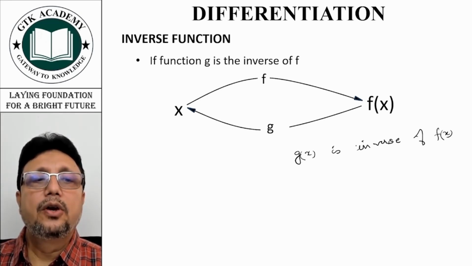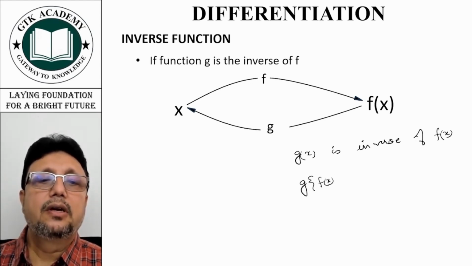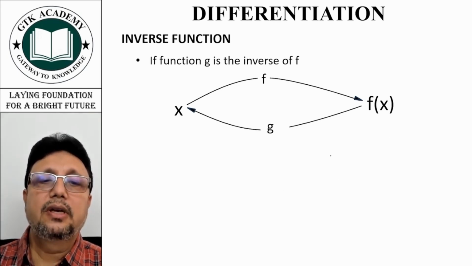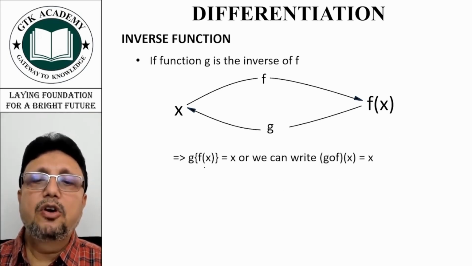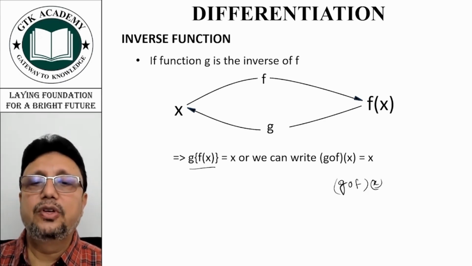That means you put the output of f of x in g of x. What is the output of f of x? f of x. You will get x, it will again take it back to x. So g of f of x is equal to x, which we discussed in the last video.